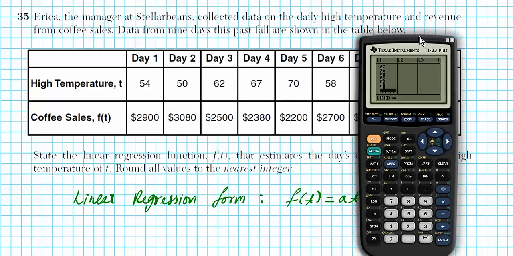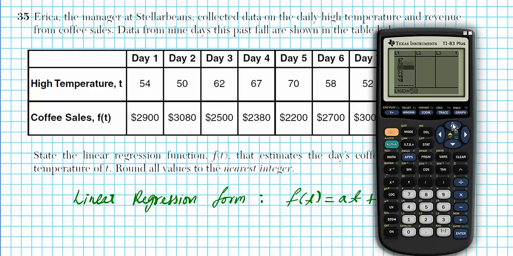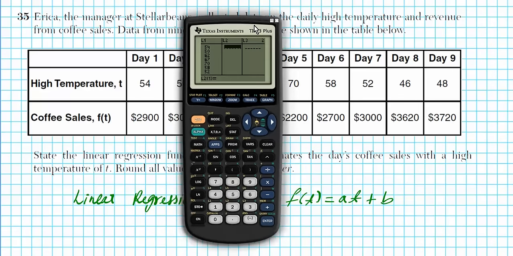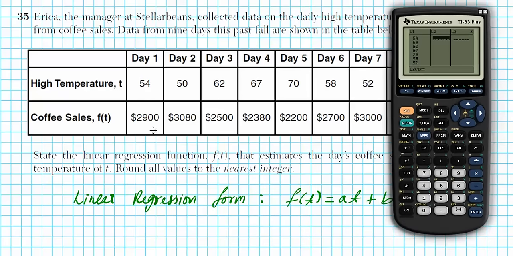Okay, so let me go over it again just to make sure I entered everything correctly. All right, starting from the first entry: 54, 54, 50, 62, 67, 70, 58, 52, 46, and 48. Excellent.